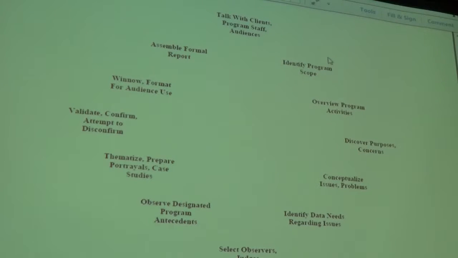The program was poorly managed, is poorly managed, the activities weren't implemented the way they were supposed to be. So you have themes and concepts being articulated by program staff and by participants, and you have to then classify those themes. You have to then go ahead and start creating case studies.